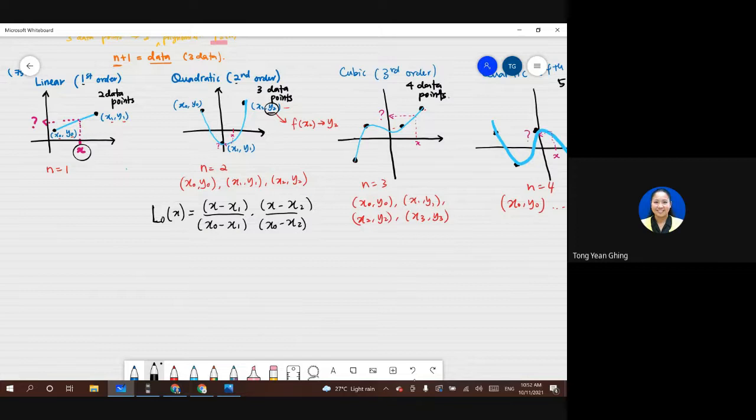If let's say L1 x, then we will have to start with X1 minus X0, this one, times with X1 minus X2.